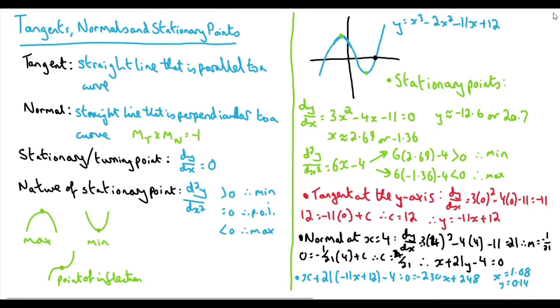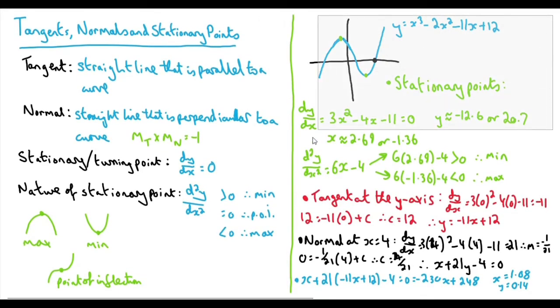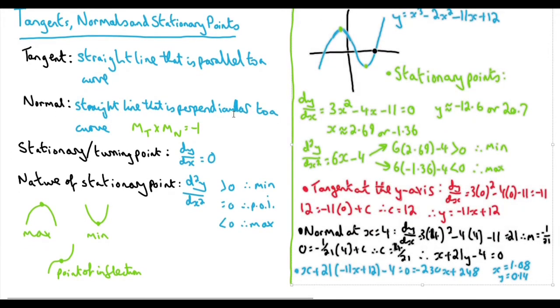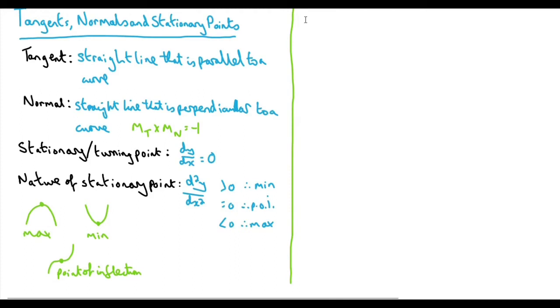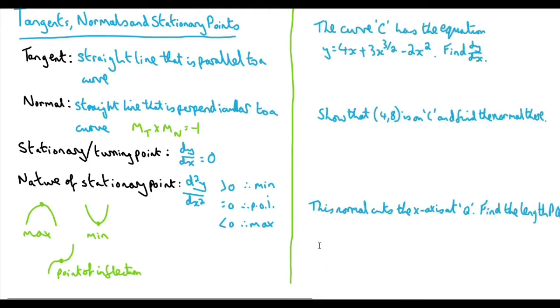If we're happy with each of those concepts, and we'll see how we're bringing together differentiation and the ideas of parallel and perpendicular lines, let's just see how you could get along with an example of your own.